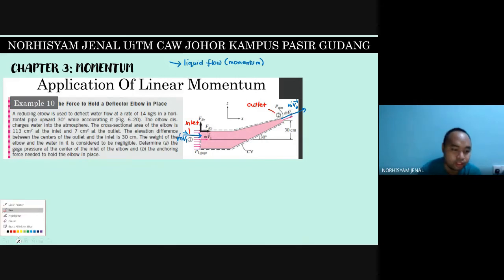Number two, we have a second arrow. I use a different color. Okay, this arrow is called liquid flow momentum. All right, we change it and name it as pressure.